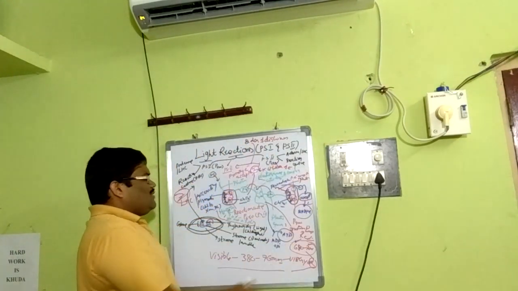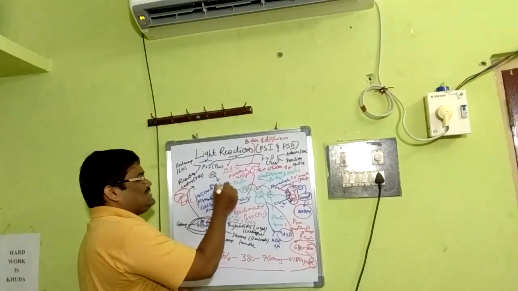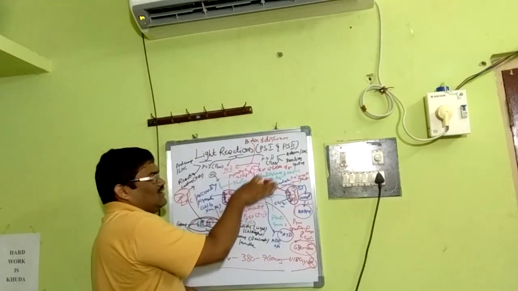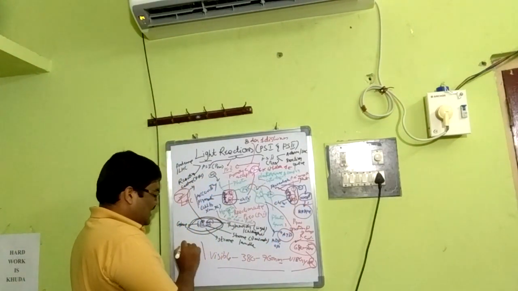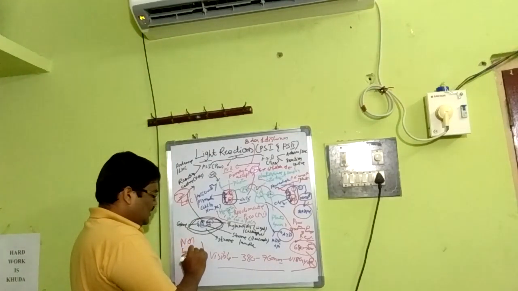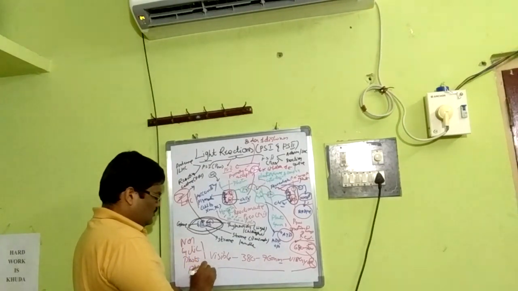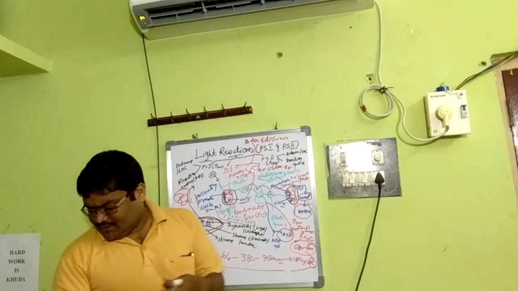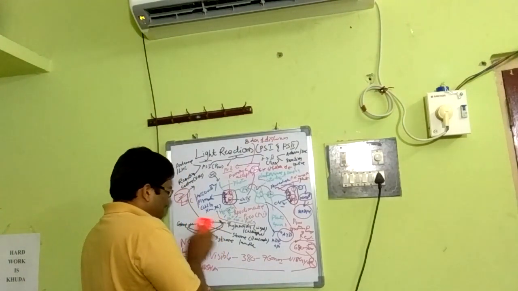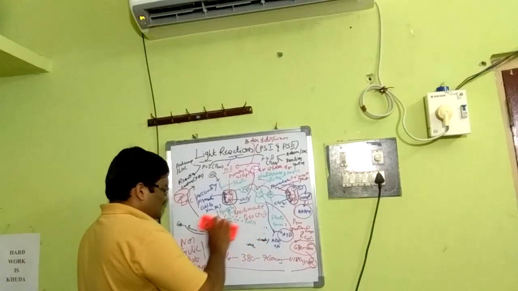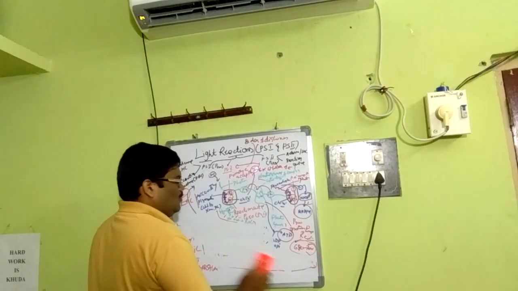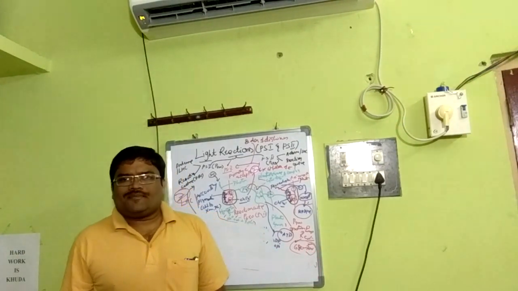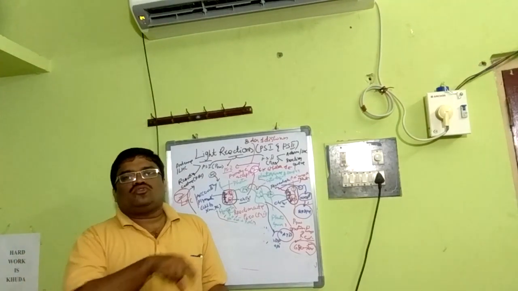And this entire scheme takes place in a linear arrangement, that means in one particular direction, up to NADPH. It is called non-cyclic photophosphorylation. In the Krebs cycle, we discussed that it comes back to our starting point.